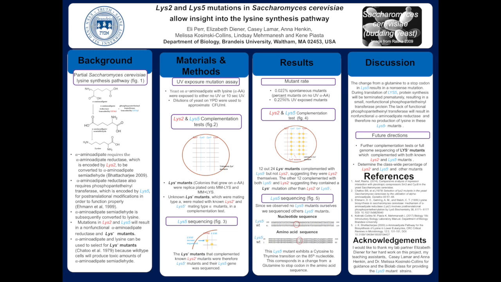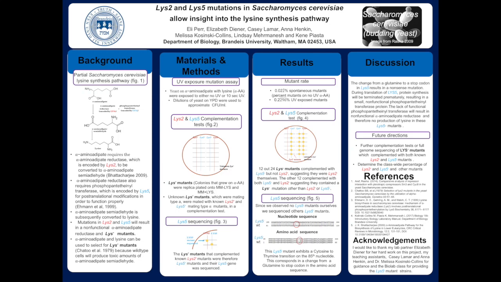So during translation of lys5, protein synthesis would be terminated prematurely, resulting in a small non-functional protein. And so the lack of functional phosphopantetheinyl transferase would result in non-functional alpha aminoadipate reductase, which is why there's no production of lysine in these lys5 mutants.